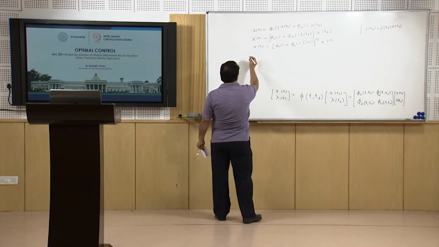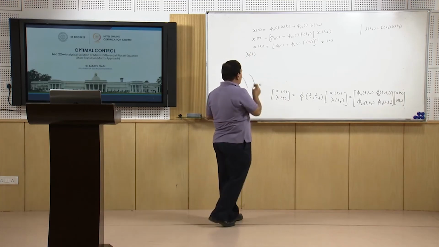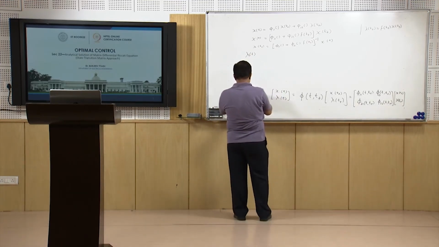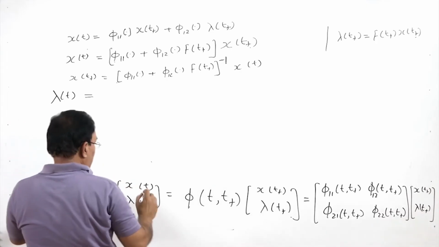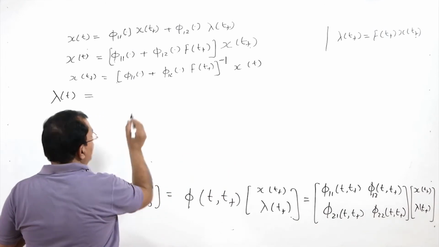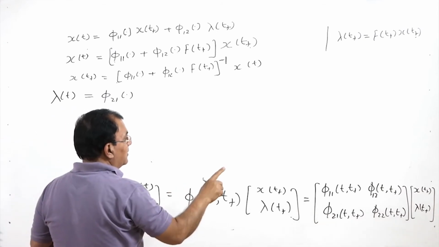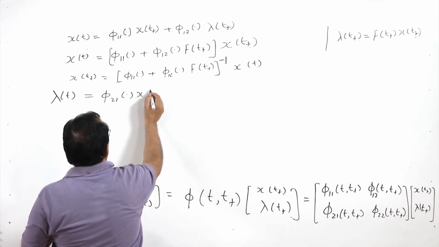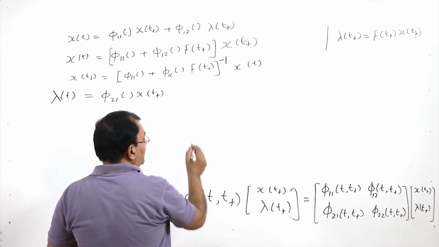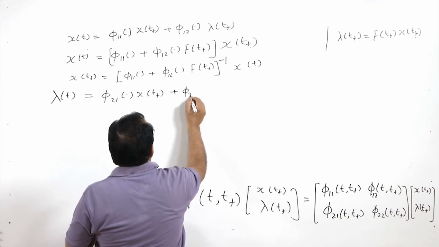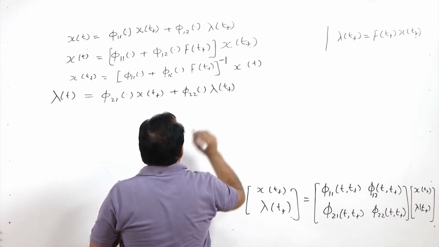Then we expand lambda(t), which is by this we will get phi 21 x of t_f plus phi 22 lambda of t_f.